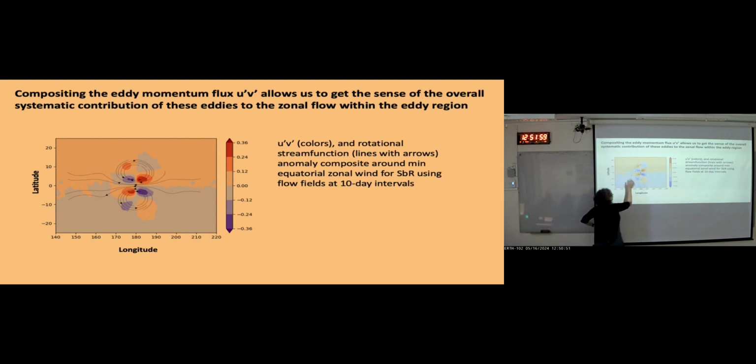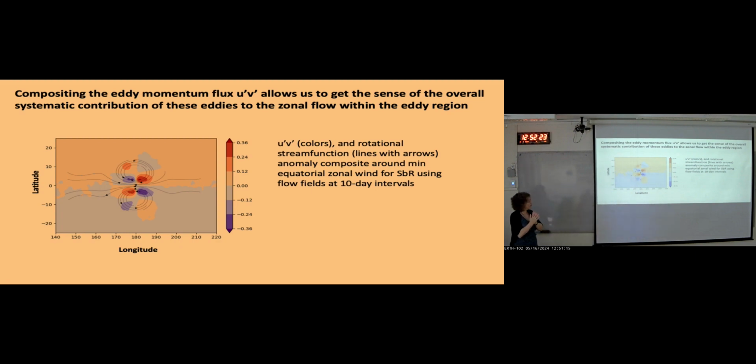So looking at these, this pair of anticyclones, you get positive eddy momentum flux here, and negative here, and negative here, and positive here. If you zonally average over this, you think you get 0, but there is some difference in the strength. So there is a systematic contribution.